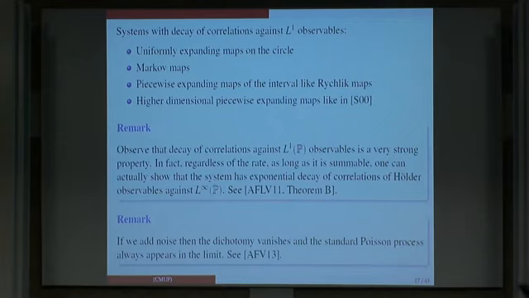We don't know, but for example, we know an example of decay of correlations against L1 that doesn't necessarily come from a spectral gap of the original system, although it has to do with the spectral gap of some inducing map on the system. But in any case, it's a very strong property.